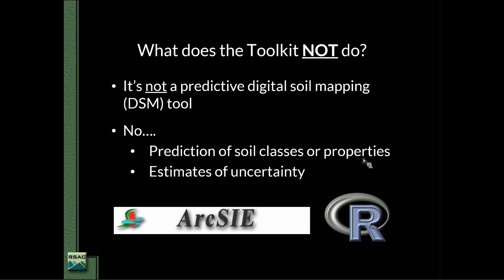I would certainly point people towards more accepted tools within NRCS, such as RSAC, the Soil Inference Engine, or other predictive tools such as random forest, support vector machines, other machine learning tools out there that are available in platforms such as R or Python that have had success in the digital soil mapping community.